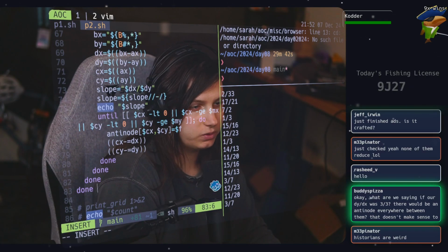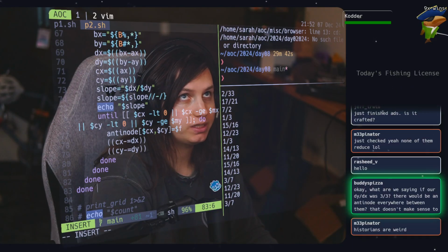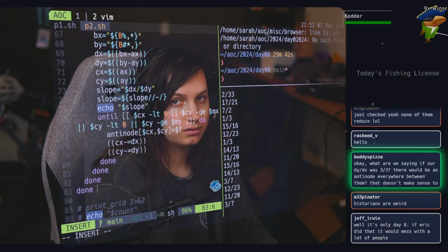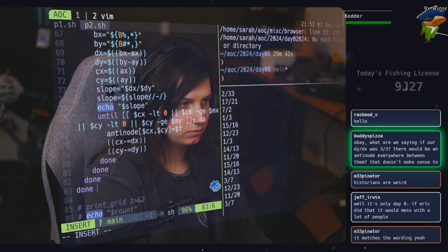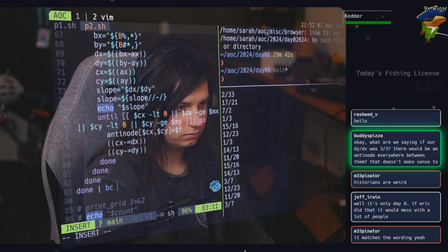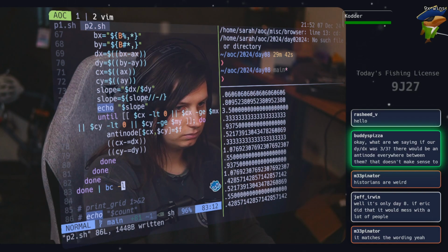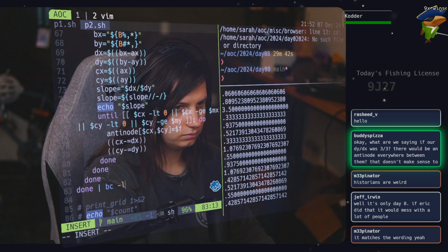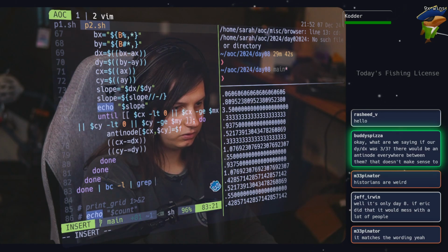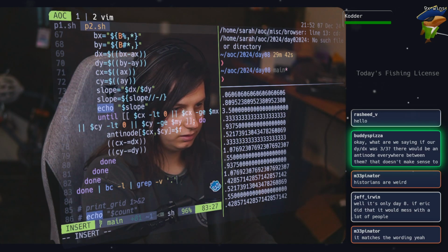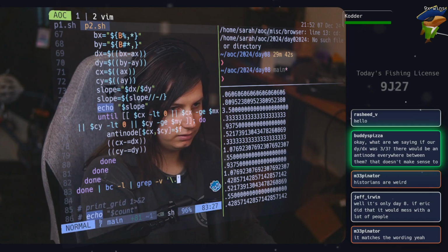The way that it's worded, I could see that interpretation being the case. Grep -v dot.